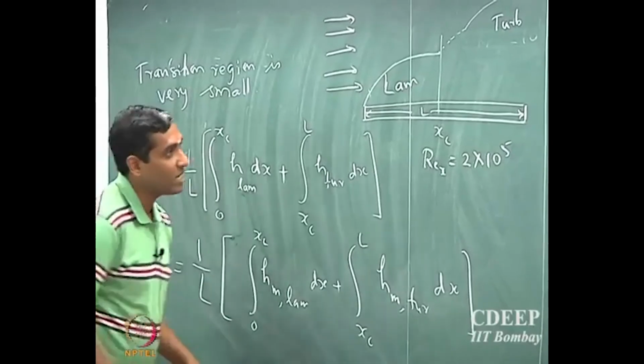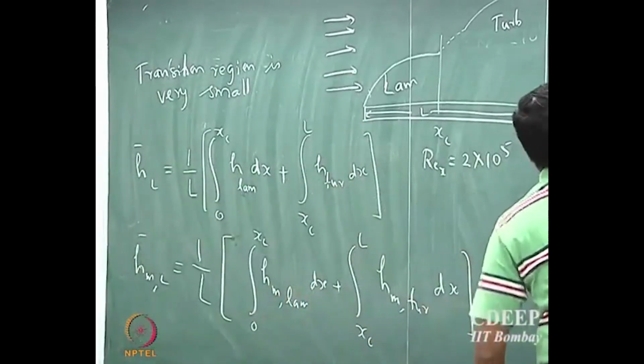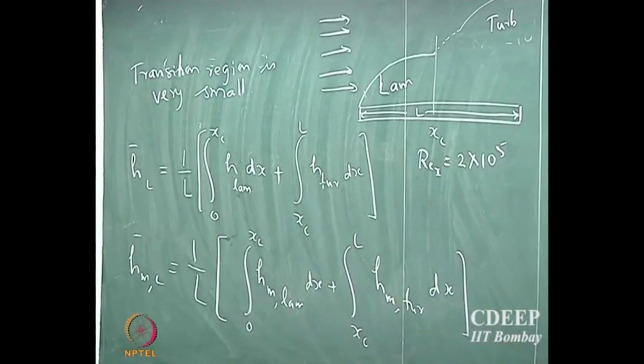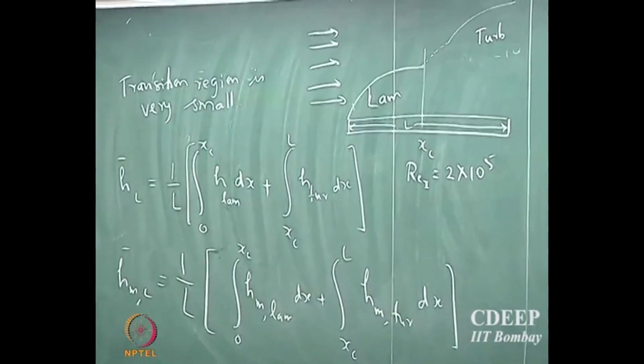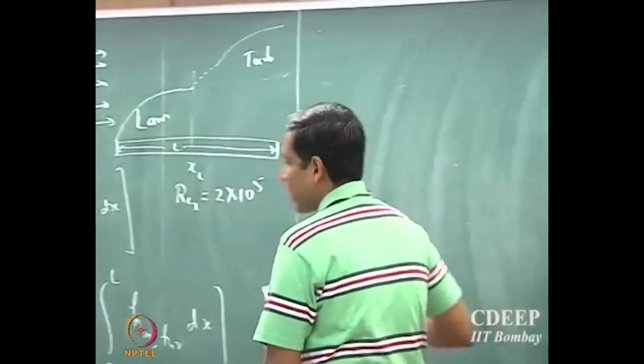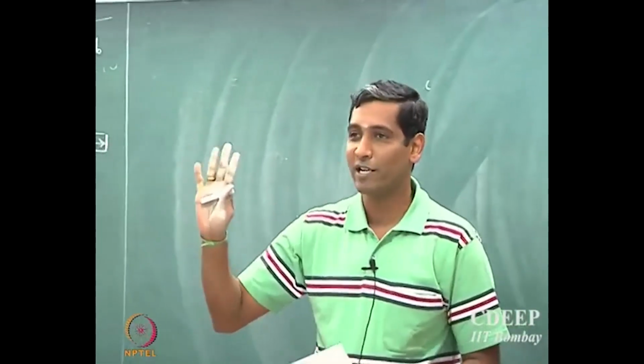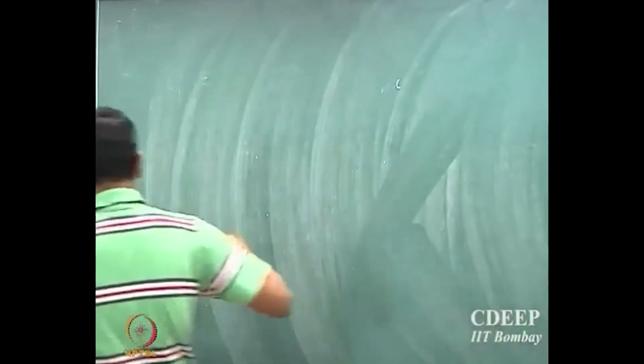So I am not going to do the integration here. It's quite easy to do this integration, it's not very hard. It takes about 5 minutes to do the integration, so you should all do this, okay.